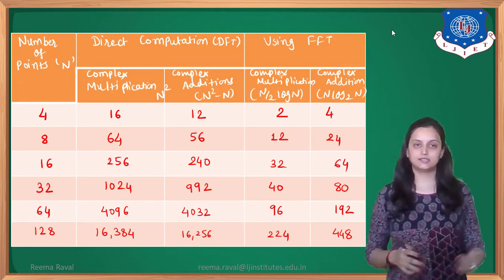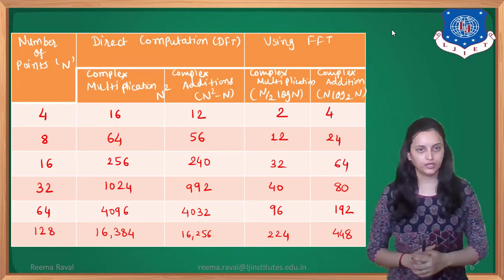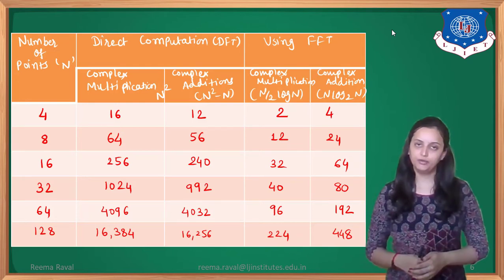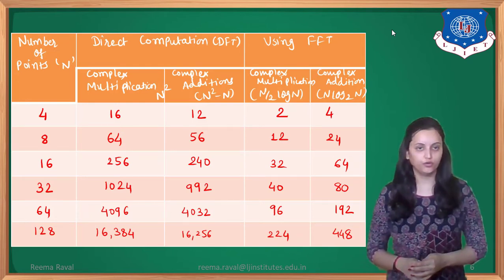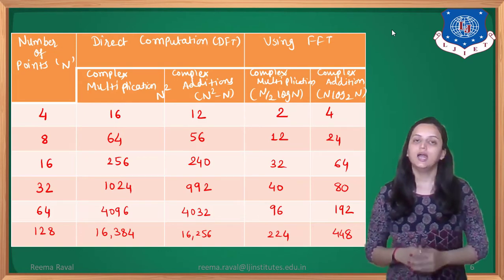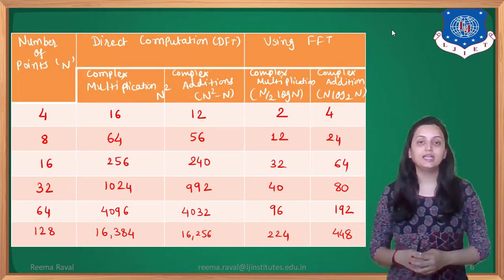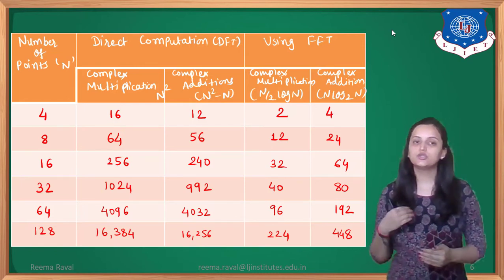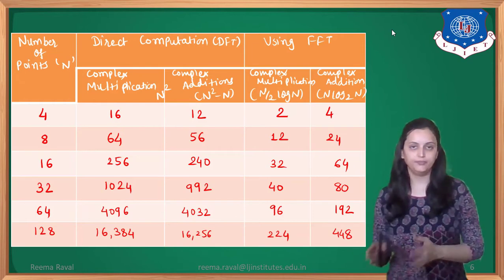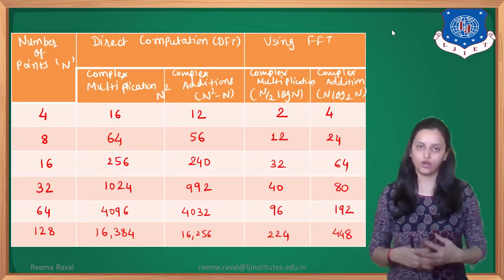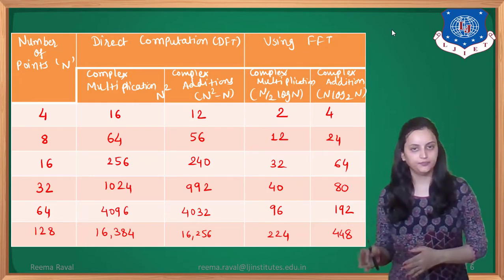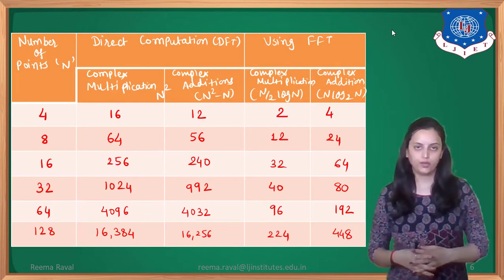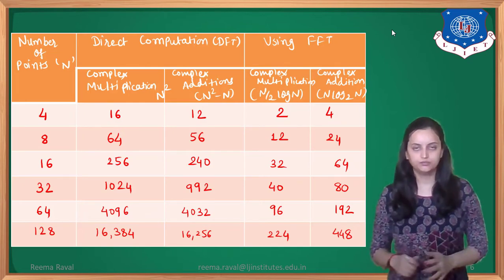Now if we take next N equal to 32. For N equal to 32, the number of complex multiplications in direct computation DFT is 1024, based on the formula N square, and the complex additions are 992. If we calculate for FFT for N equal to 32, the number of complex multiplications will be 80 based on the formula N by 2 log N, and the number of complex additions is 160.